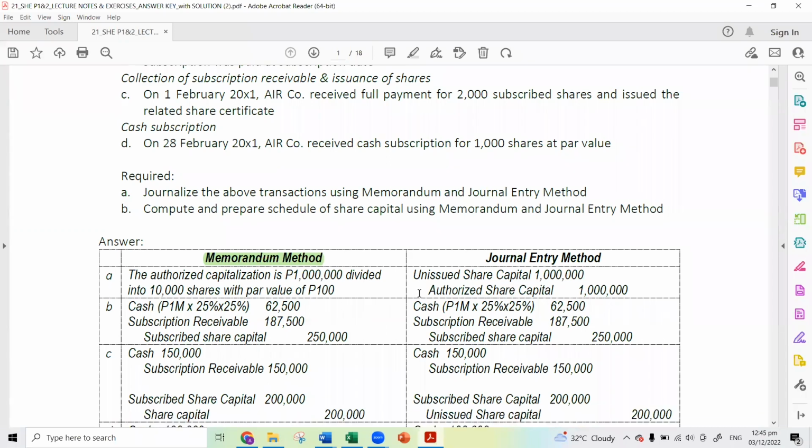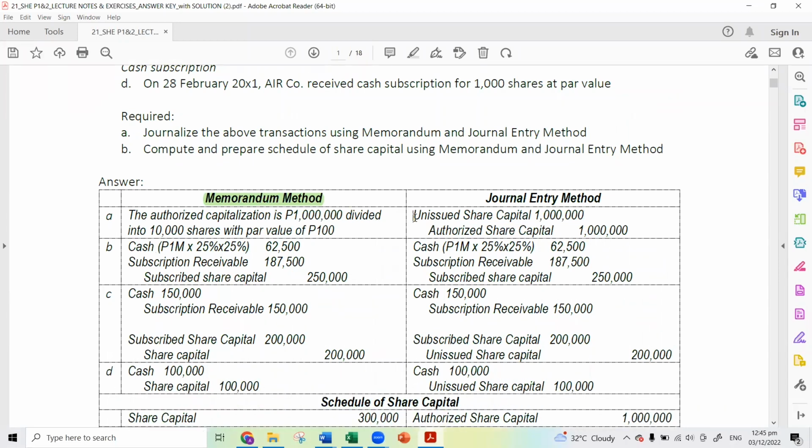Again, your authorized share capital represents the maximum number of shares fixed in the entity's authorized articles of incorporation that can be subscribed and issued. Okay, pag sinabi mo naman ang unissued share capital, this represents the portion of the authorized share capital not yet issued. So that is still available for subscription or issuance.